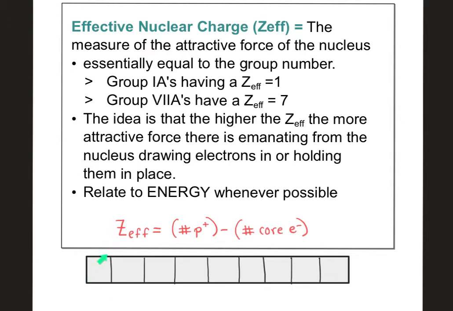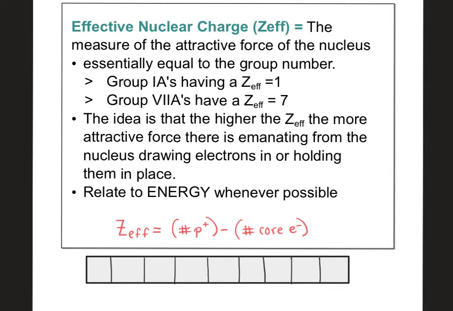And so as we move across a row or a period, we are adding more valence electrons. The core electrons stay the same, and so what we're doing is increasing the ZEFF. By the time we get all the way over to the halogens, the ZEFF of the halogens is 7, because we take the number of protons minus the core electrons and we're left with 7.